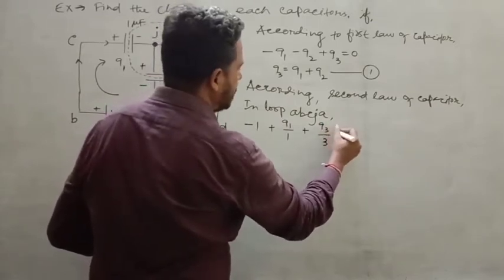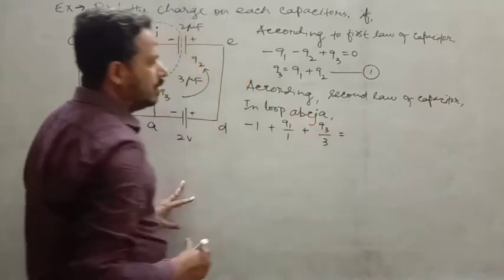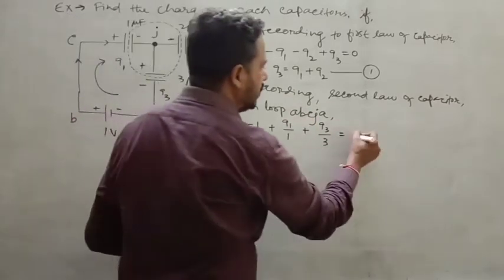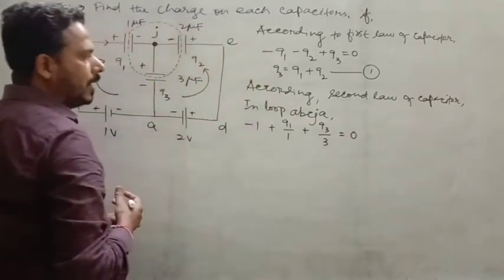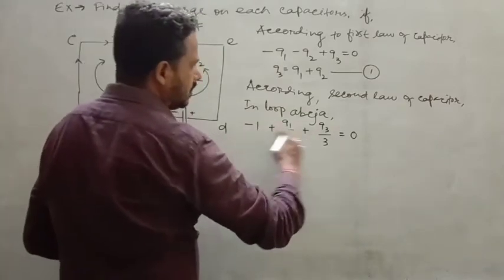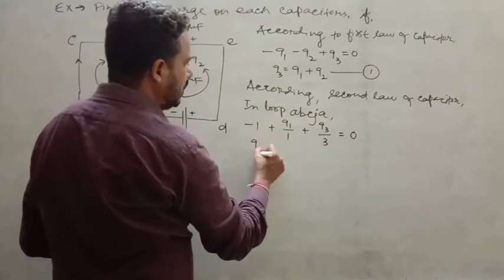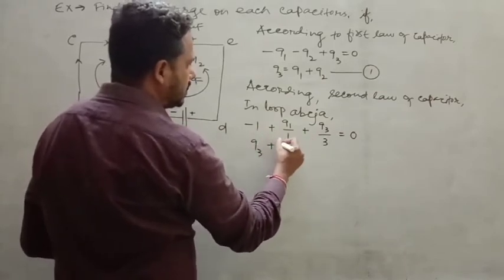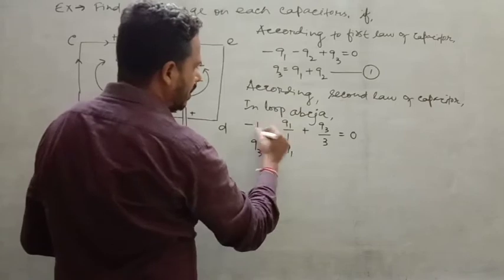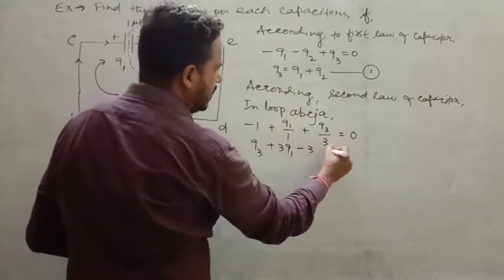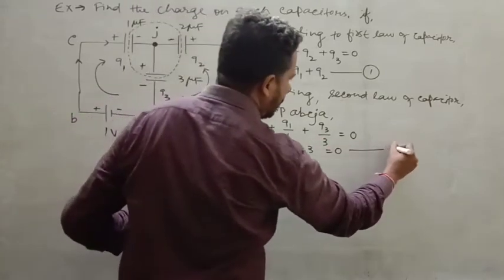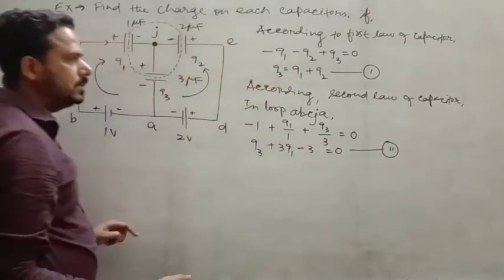The sum of the potential drops is equal to 0. After simplification, Q3 plus 3Q1 minus 3 is equal to 0, and this is your equation 2.